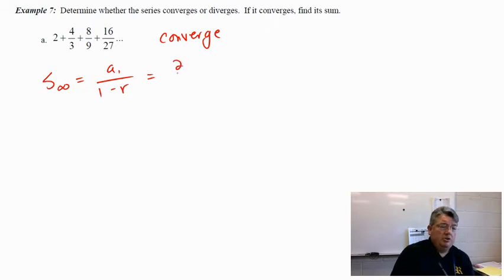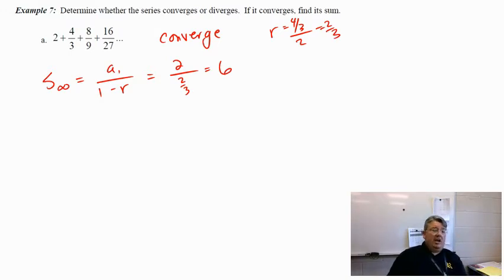Well, the first term is 2, but the ratio I don't know, and I don't see it easily. But if I take the second term and I divide it by the first term, 4/3 divided by 2, that gives me 2/3. There's my ratio. 2 divided by 2/3, and I know 2 divided by 2/3 is 6. So all of these numbers infinitely are going to add up to 6. Cool.